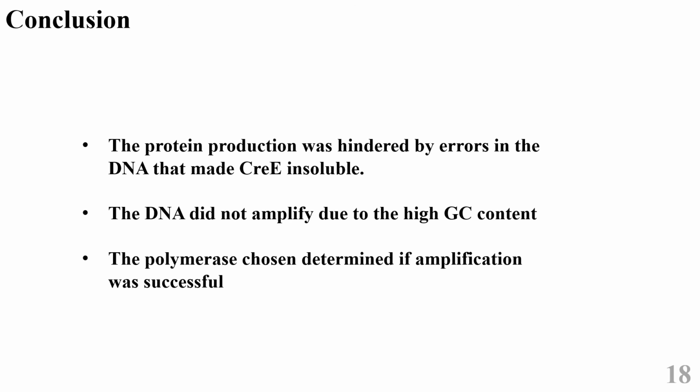With the addition of DMSO and the use of the T7 primers, there may have been successful amplification, but the amplification also seems to be dependent on the polymerase used, where we could not get any amplification with Fusion, but amplification with GoTaq and Q5 was successful.